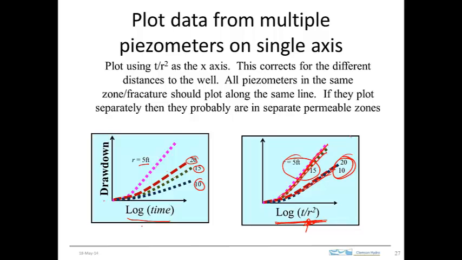So here's how we would go about doing this. Well, actually, I'll show you how to analyze it first, but let me just try to clarify what's going on in that plot, okay? So here's what we've got. The basic data that we would have is the depth to water as a function of time.